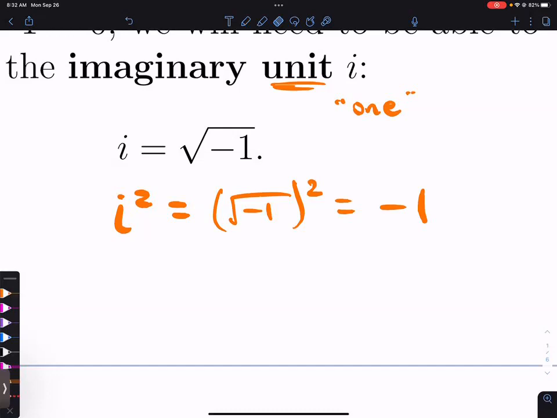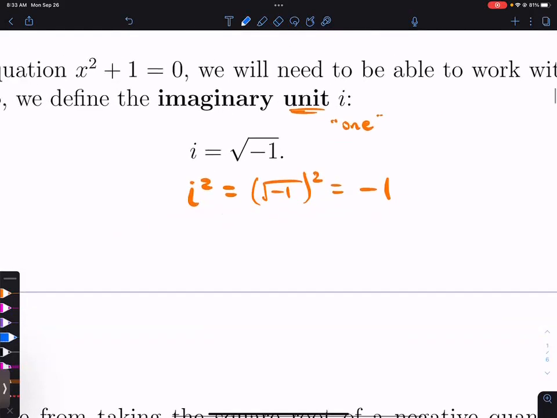A lot of the stuff we're used to, like not being able to take the square root of a negative or squaring something and always getting back something non-negative, all that is out the window when we start talking about complex or imaginary numbers, because they work differently. They're explicitly to deal with stuff like this, negatives under a root or squaring a thing and getting a negative.